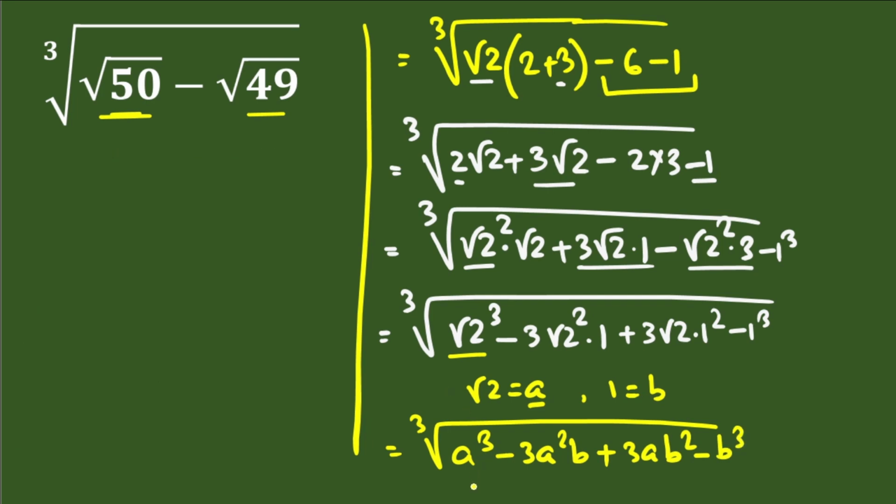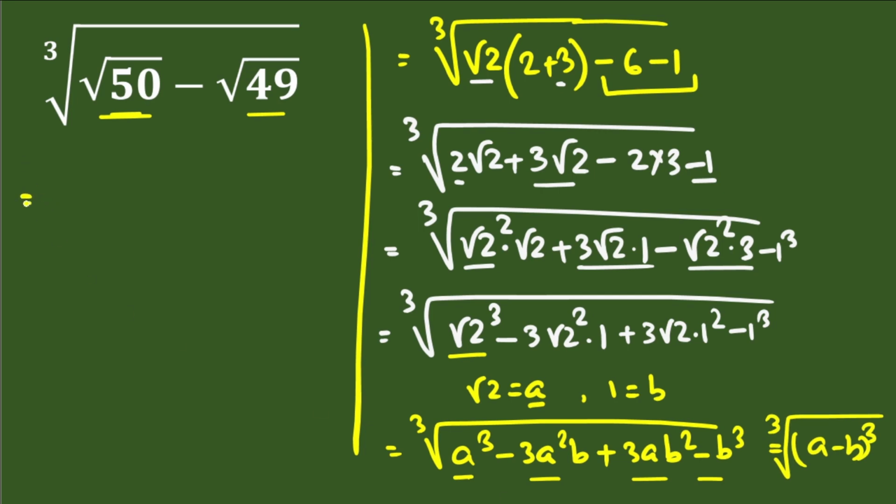Now if you look at it, it is in the form of a cube minus 3a square b plus 3ab square minus b cube, which is in the form of a minus b whole cube, and the whole value is cube root of 3, so it is cube root of 3.